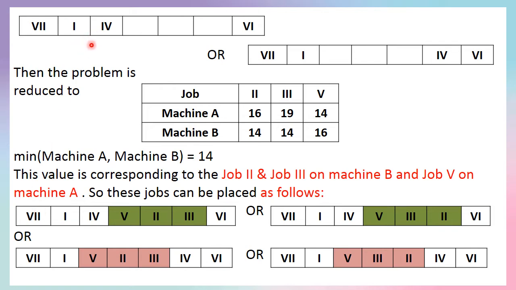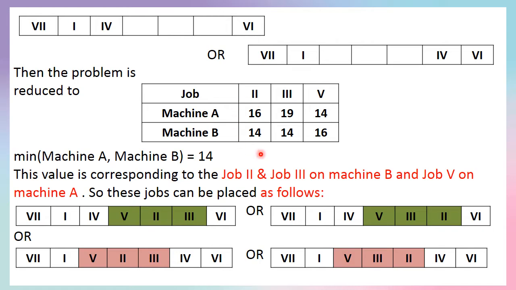If the fourth job is given to machine A, then we will place this fourth job from the beginning, that is the third column, and if it is given to machine B, then it is placed from the last, that is second last. Now the problem will be reduced. The fourth job is removed from this table.